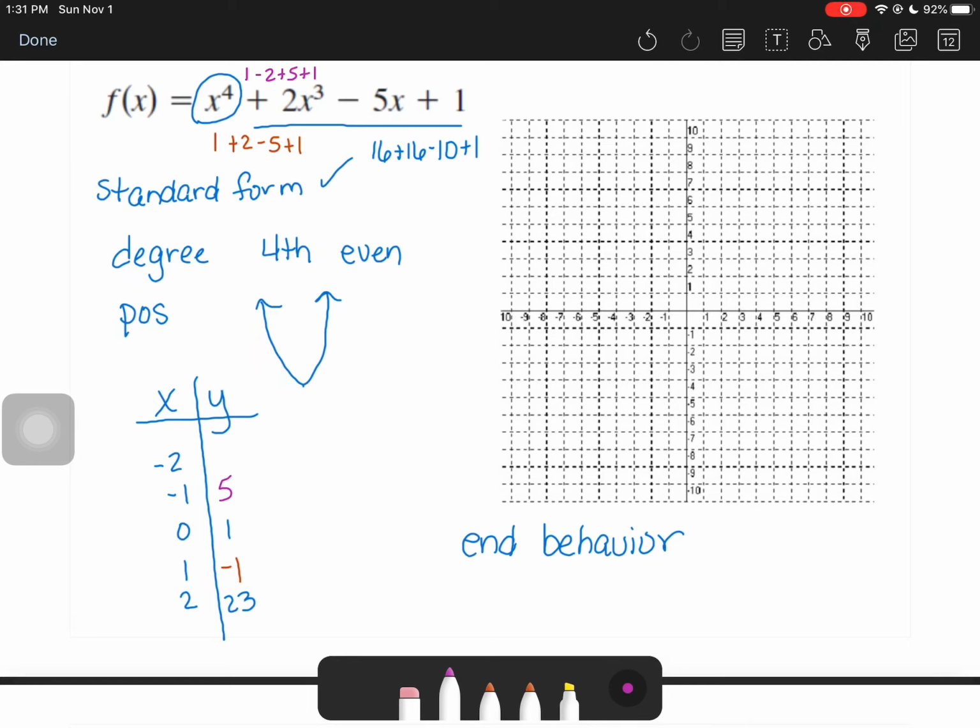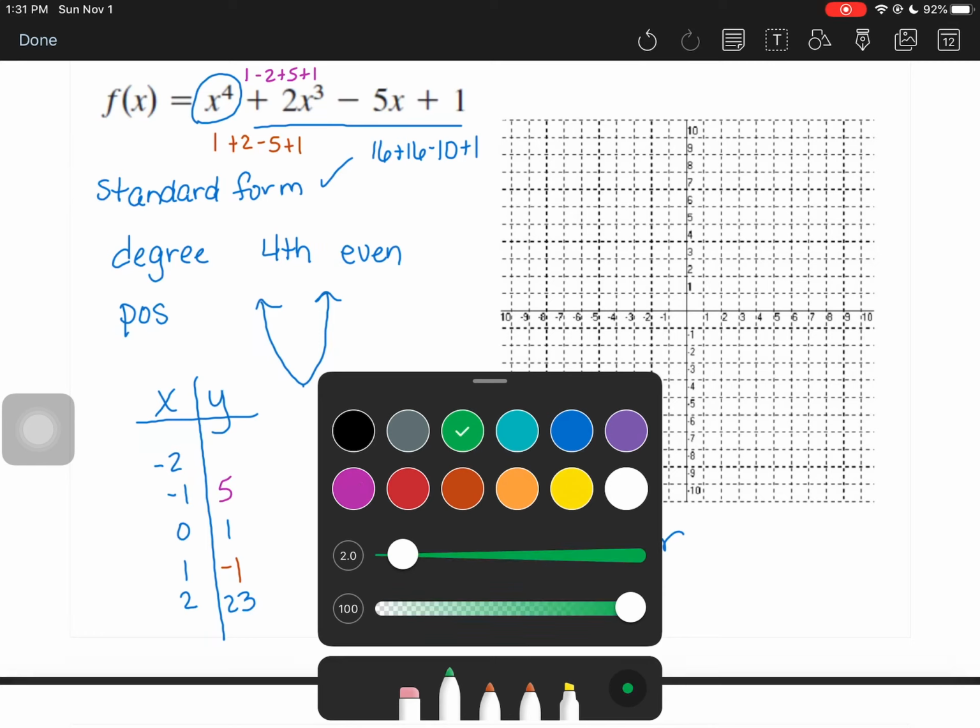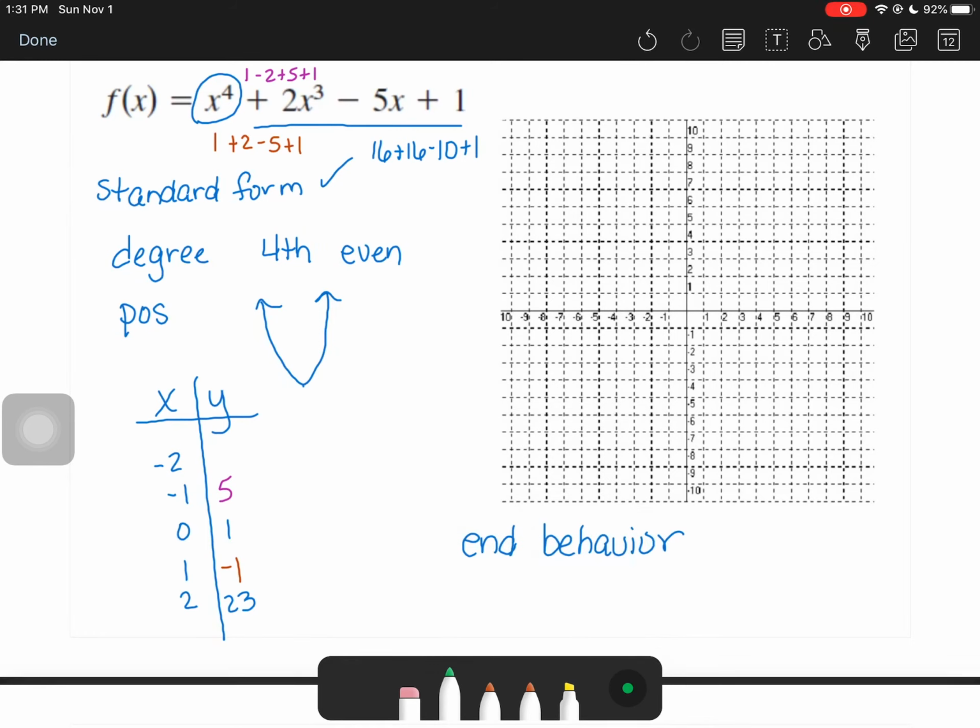All right, then let's do our -2. So -2 to the 4th power would still be 16. -2 to the 3rd power would be -8 times 2 would be -16. -5 times -2 would be a +10 plus 1. So we have 0 plus 10 plus 1 would be 11.